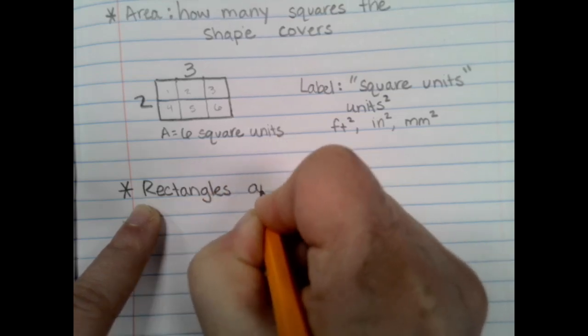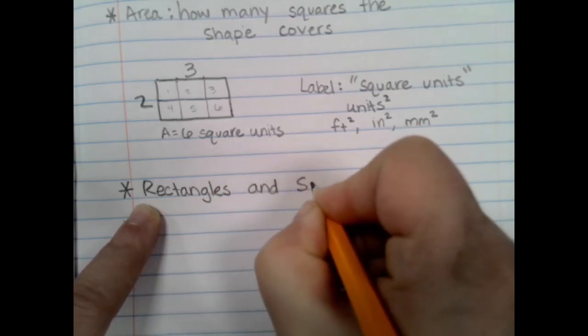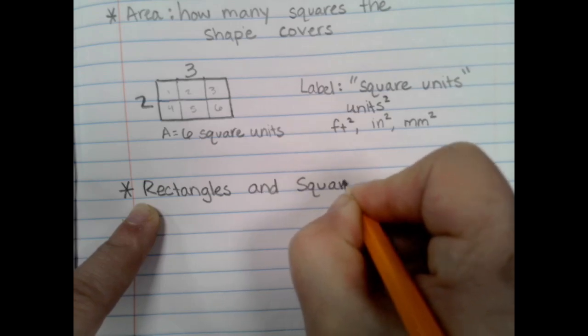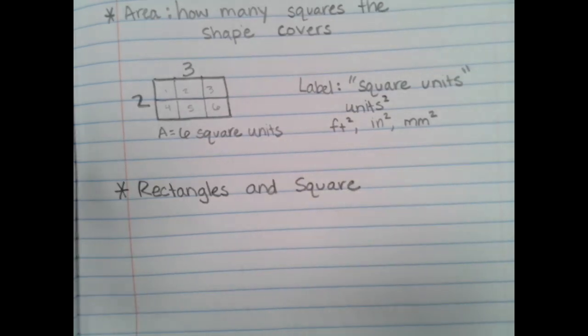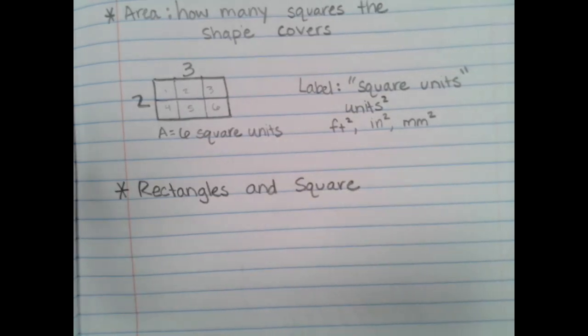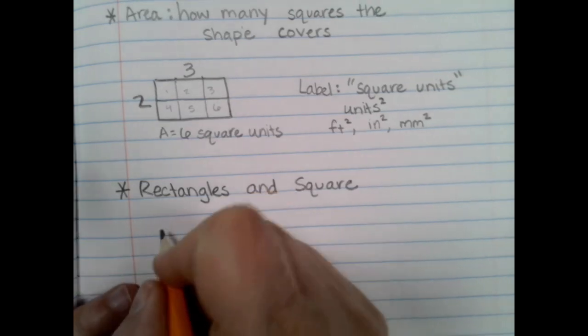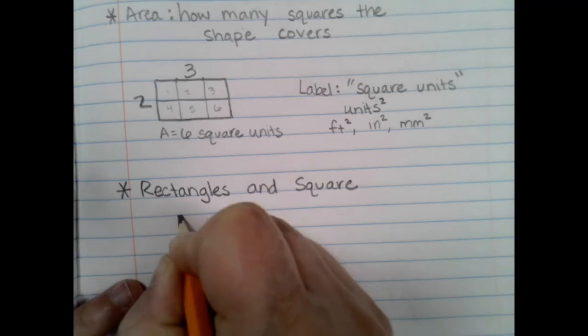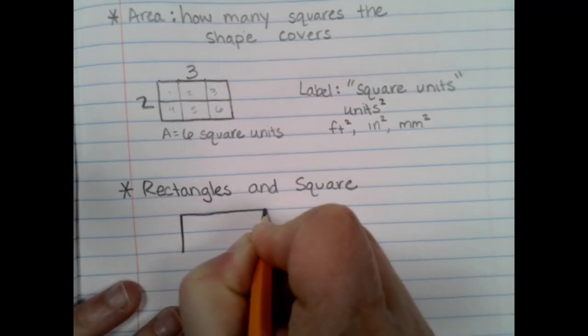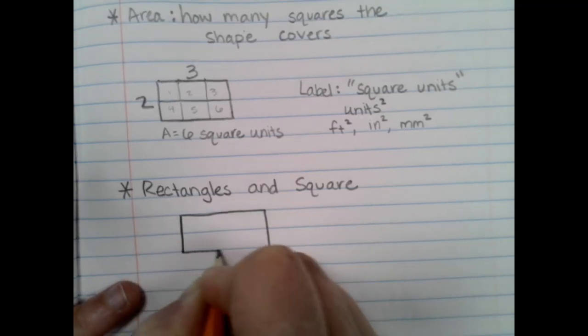Okay, rectangles and squares. When we look at a rectangle and a square, what do we know about those shapes? We talked about them way back in chapter 6. What does a rectangle look like? How many sides? 4 sides, good. And what do we know about all the angles in a rectangle? Yeah, 90 degrees.